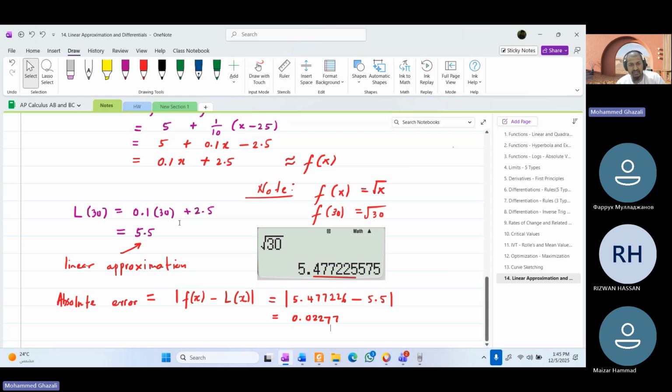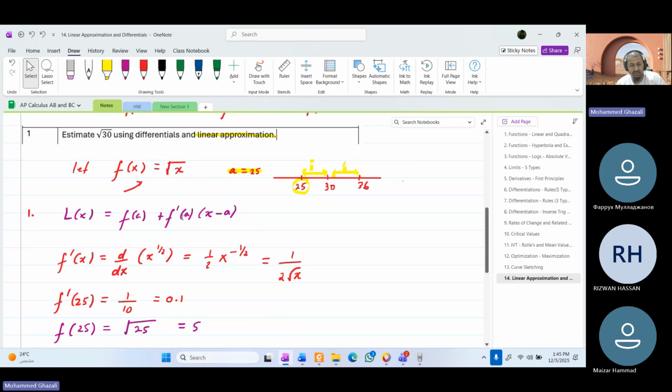We're substituting 30 in the original function and checking. First, whenever you're estimating anything, you have to identify the type of function that you are estimating. Because square root 30 is a radical function, you have to model this example with a radical function. Make sense, guys? Yep. Right, excellent.